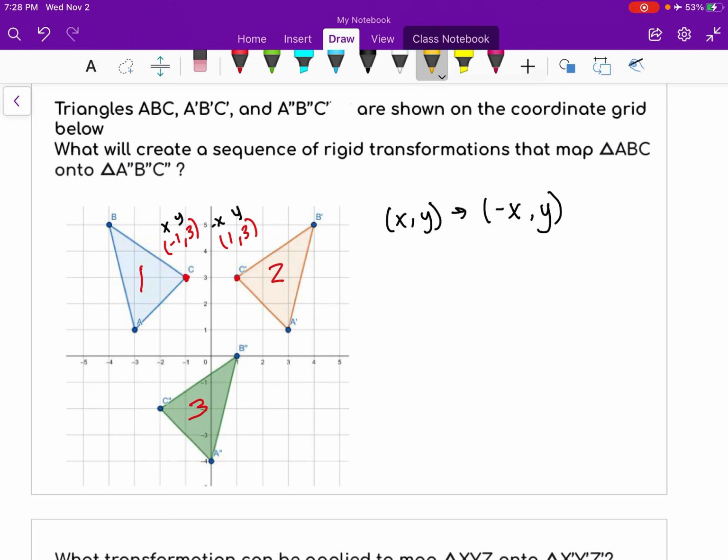So let's just count the boxes. Let's start at point A prime. We've moved down 1, 2, 3, 4, 5 units down. And we've moved 1, 2, 3 units to the left. So now we're going to rewrite this as its algebraic description.